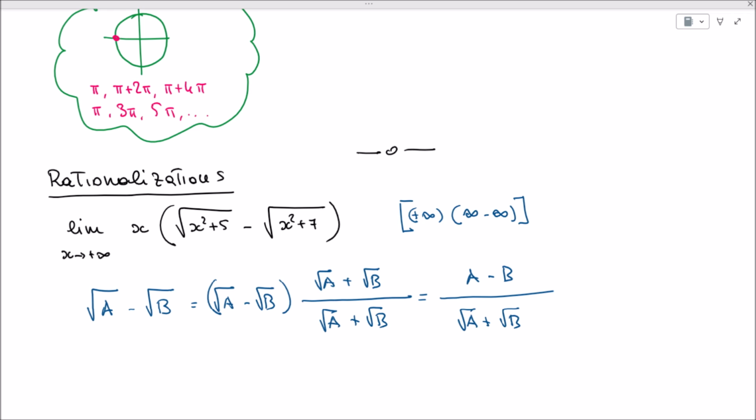So we can rewrite x times square root of x squared plus 5 minus square root of x squared plus 7 by just applying the same method, with a being x squared plus 5 and b equal to x squared plus 7.